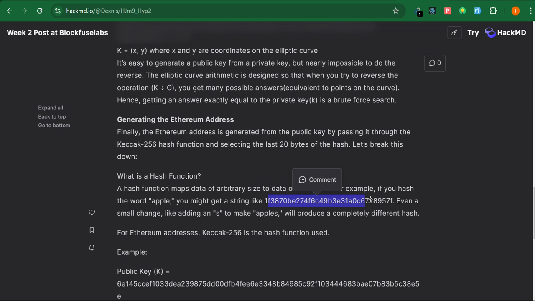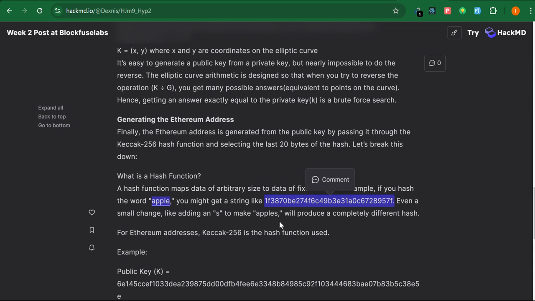That is the argument you pass into the hash function. And the result you get from the hash function is what we call the hash. So in this case, where I'm passing apple into a hash function, this apple is called the pre-image or the input data, while the result I'm getting, which is this, is called the hash.